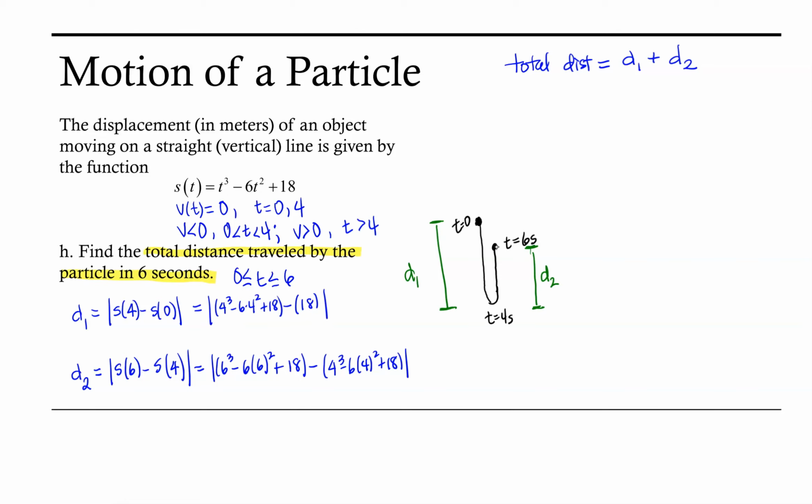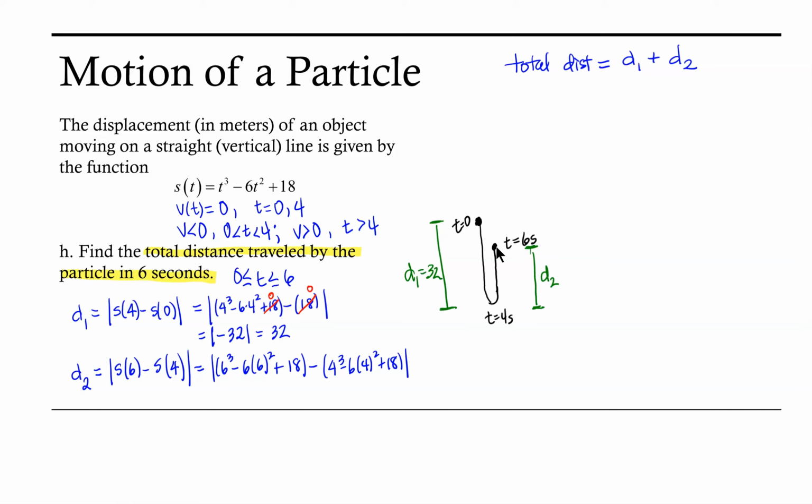So simplifying things a little bit here, 18 minus 18 will be 0. And so 4 cubed minus 6 times 4 squared is going to be the absolute value of negative 32, which is going to give us 32. So D1 is equal to 32 units.